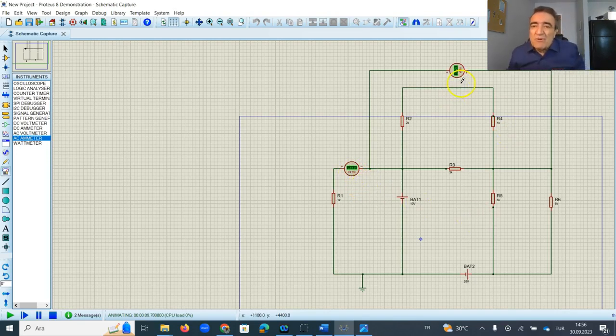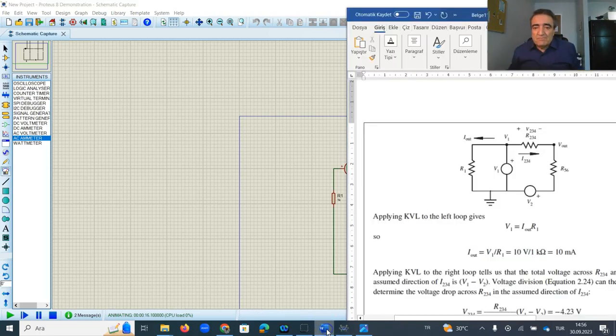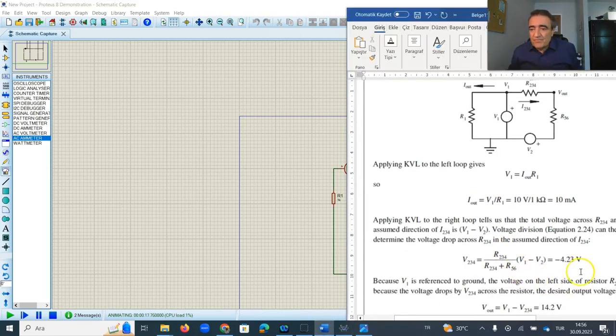But here we have 5.24, but in the solution we found 4.23. This is an assignment for you.